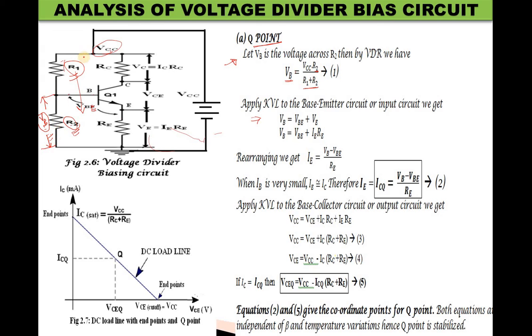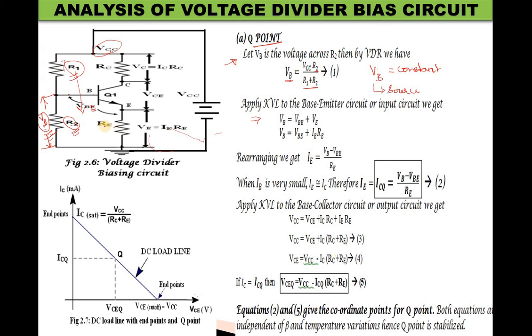Since it depends on VCC, R1 and R2, all are constants, VB is constant for a particular circuit. When VB is constant, I can consider this as a source, so that I can treat one source and two drops.